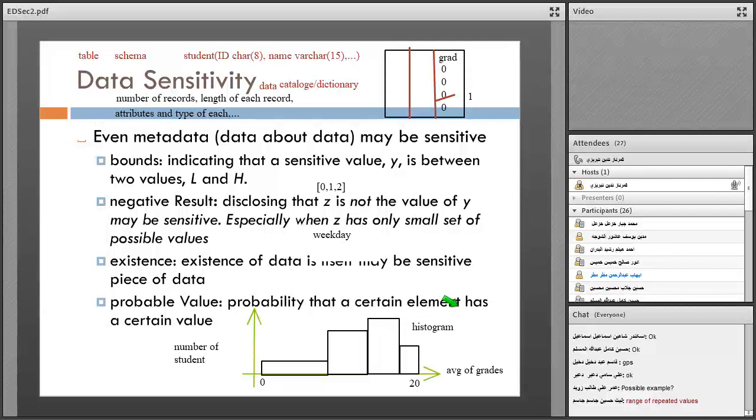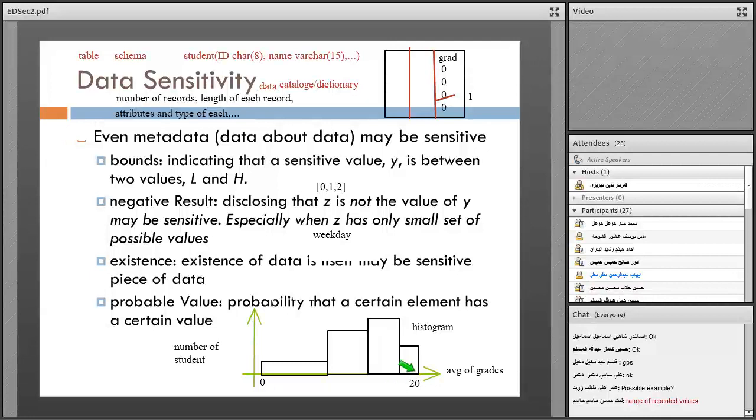If someone has this histogram, he or she knows the probability of you, as a graduate student, having this degree. When you graduate from this university, there is a chance of, for example, 14% that your final average of grades will be between 17 and 18.